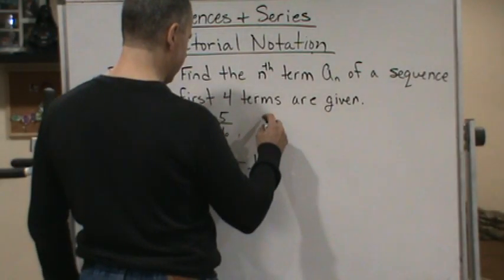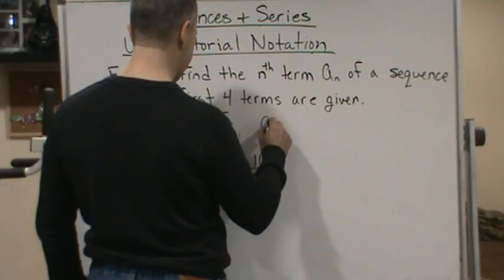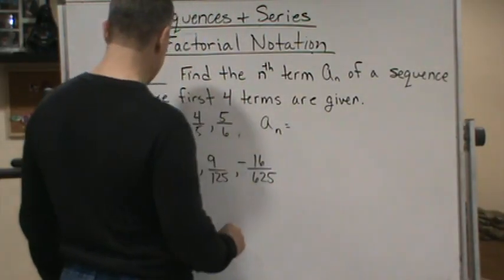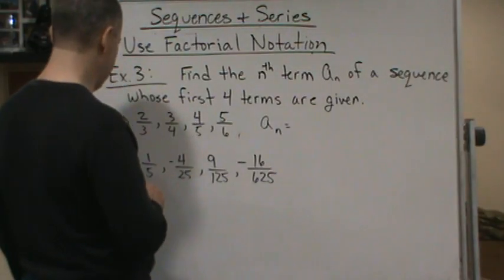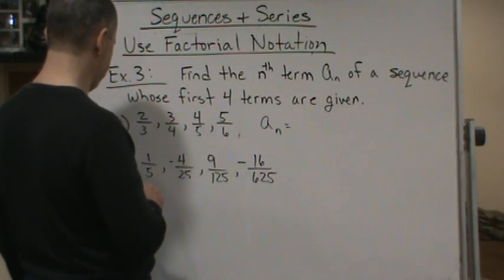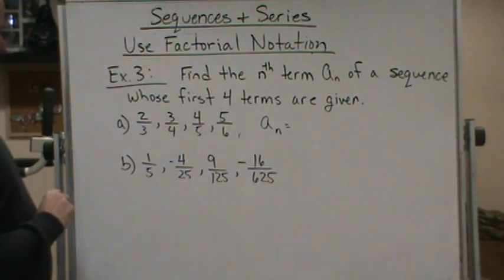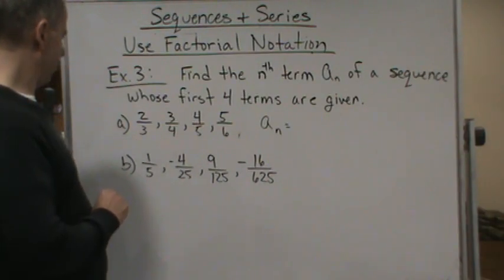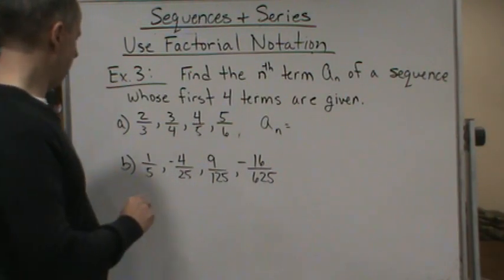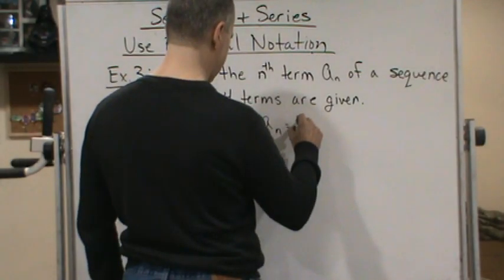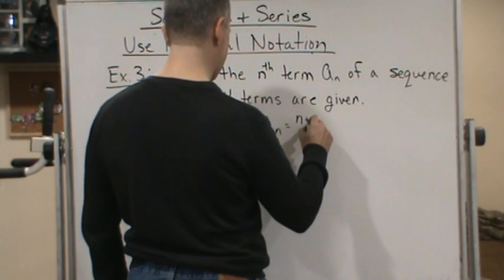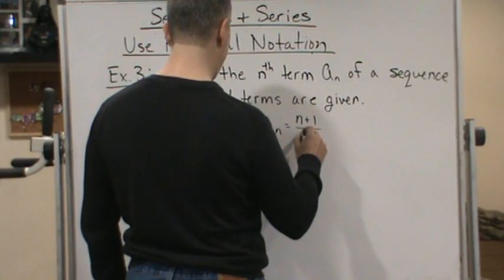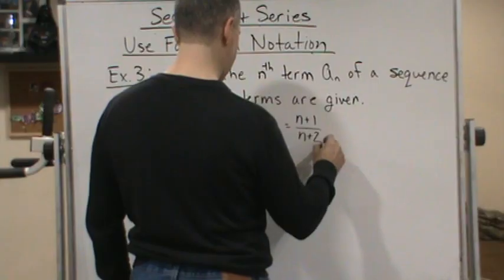So let's define this as a sub n is equal to, so we got 2/3, let's do n plus 1 over n plus 2.